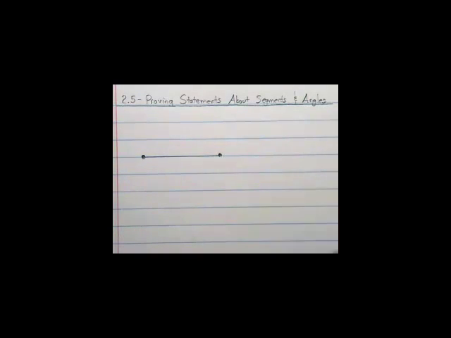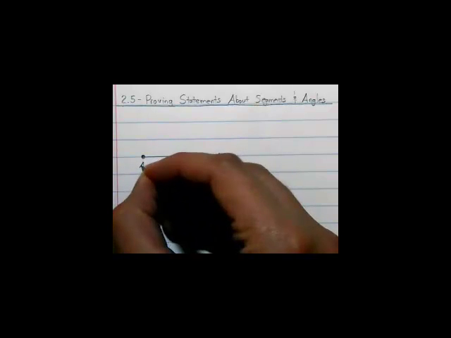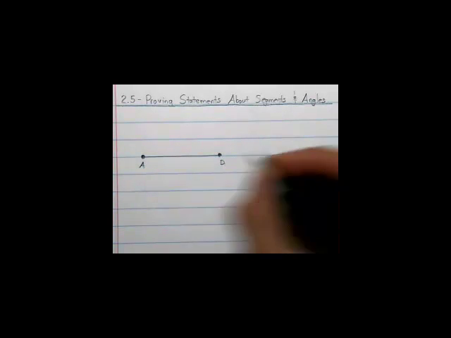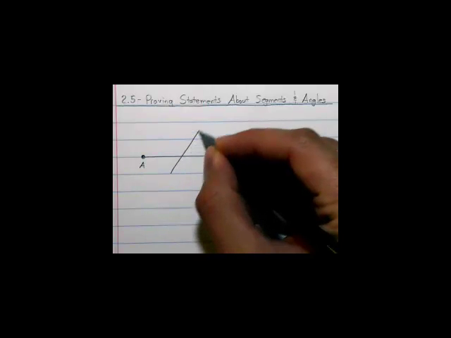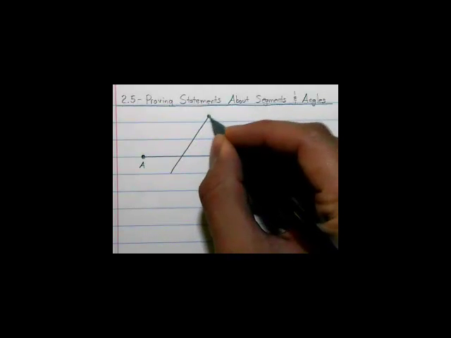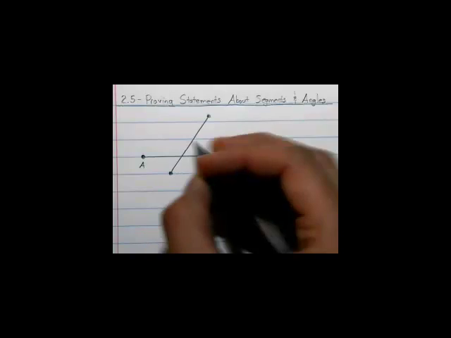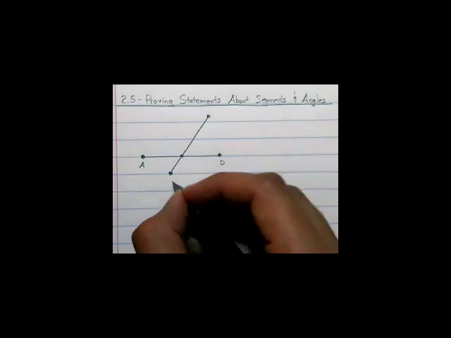So let's say we've got segment AD. We've got this other segment coming through it like that. And this is going to be segment BE.